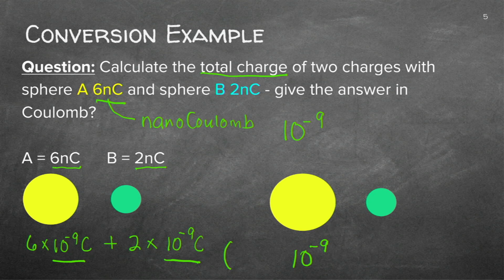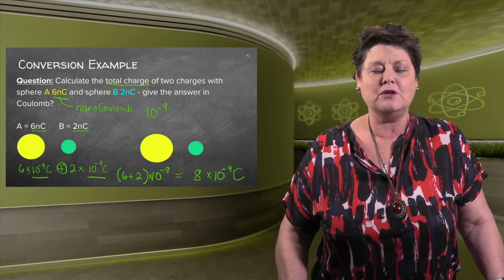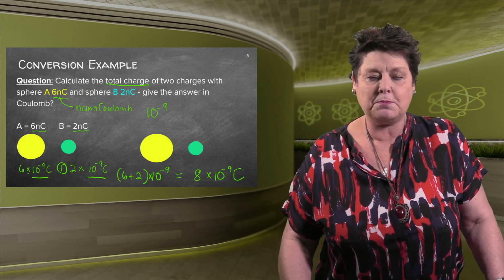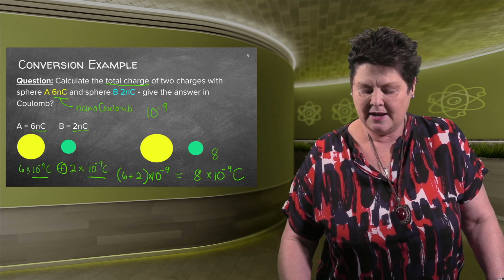What I'm left with is 6 plus 2, multiplied by 10 to the minus 9. So what do I have? My total charge will be 8 times 10 to the minus 9. And the unit is now coulomb. So I took the nanocoulomb with another nanocoulomb. And I actually got the total charge of 8 times 10 to the minus 9 coulomb. Or I could now express it as 8 nanocoulomb.